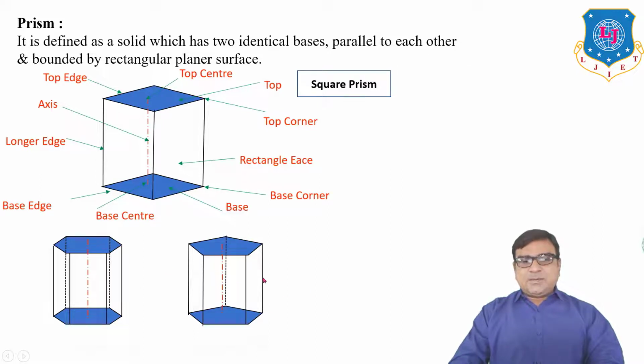In pentagonal prism, base pentagon, top pentagon, and lateral surfaces are in rectangle shape. So in pentagonal prism there are five lateral surfaces, and in hexagonal prism there are six rectangle faces.